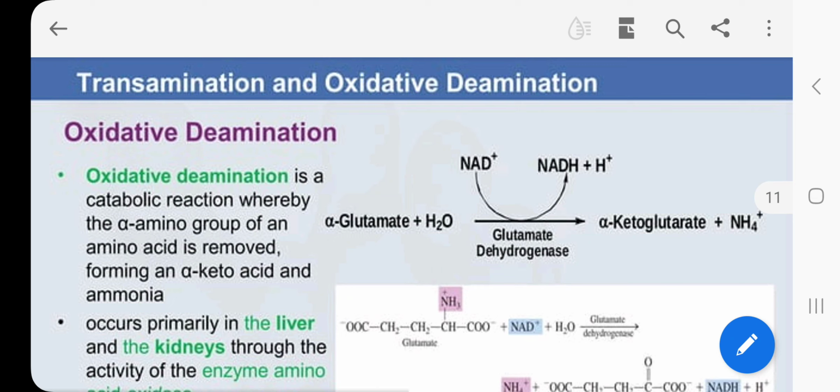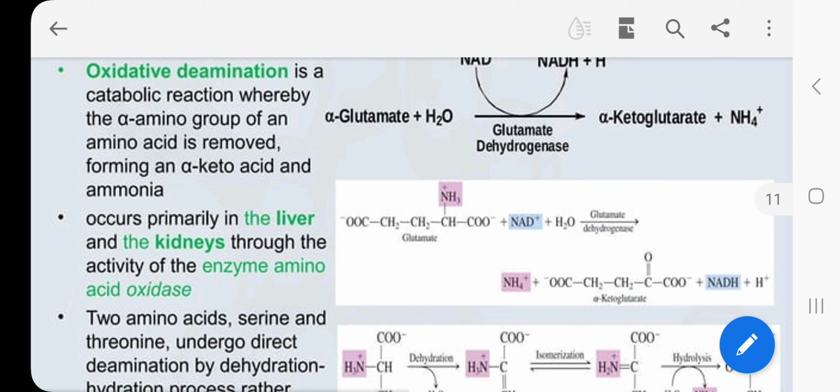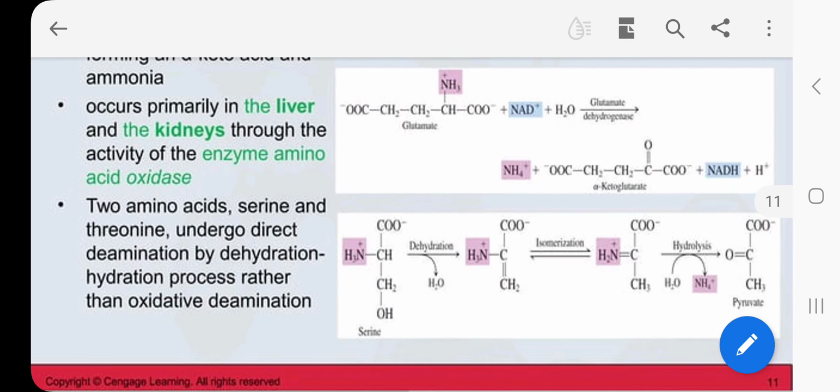Kailangan ni glutamate ng isang mole ng water and in turn gives off energy in the form of NADH, or NADH plus H+. Okay, this occurs primarily in the liver and the kidneys through the activity of the enzyme amino acid oxidase. Two amino acids, serine and threonine, undergo direct deamination by a hydration process rather than oxidative deamination.